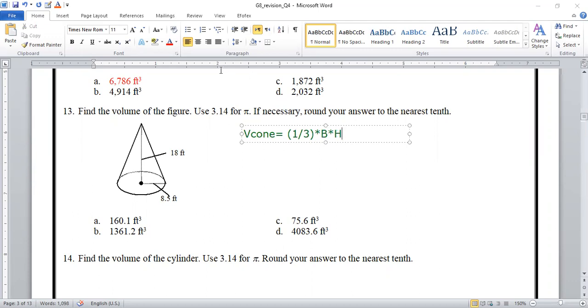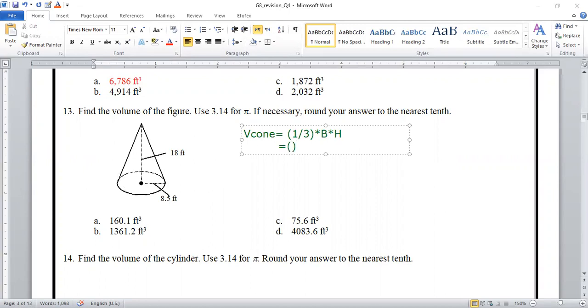Base refers to the area of the base, or the area of the circle, because the base is a circle, equal to pi r squared. R from the figure equals 8.5.